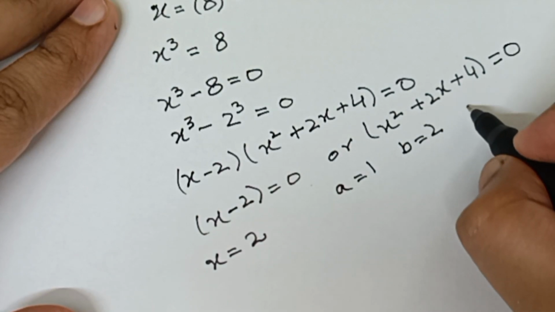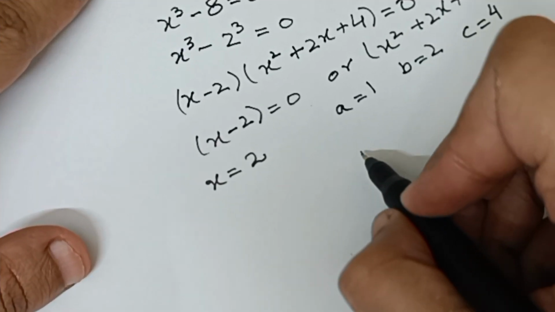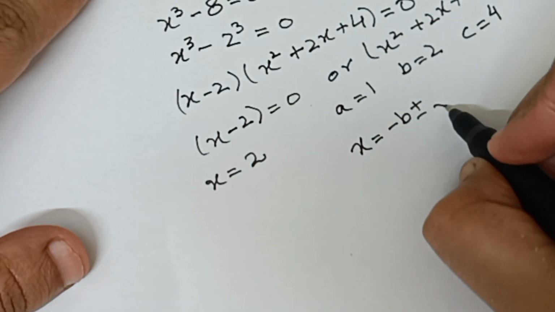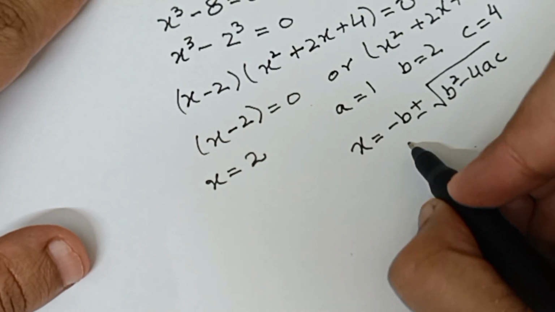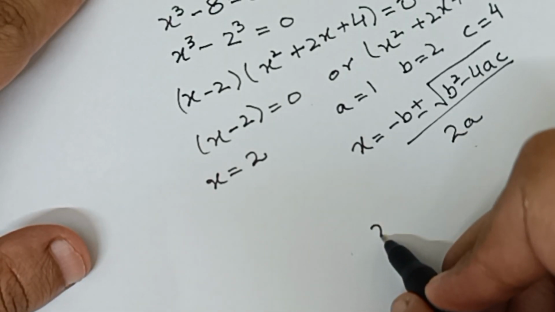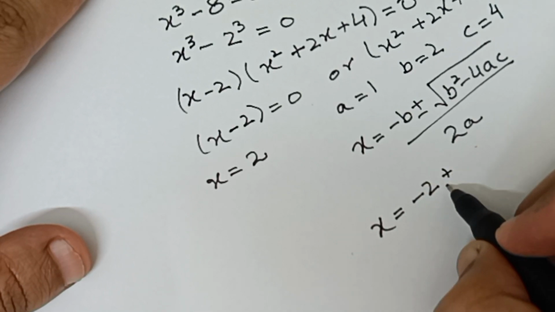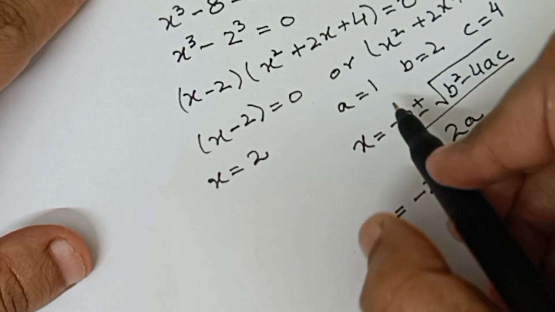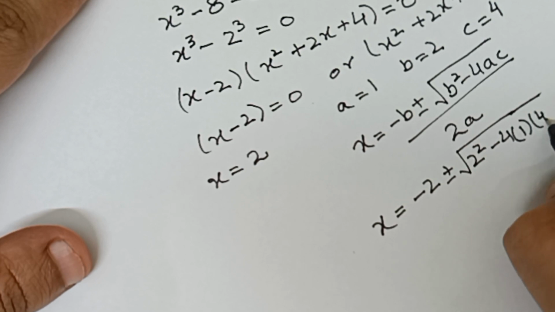We will solve the equation by using the quadratic formula, that is x is equal to minus b plus minus square root of b square minus 4ac over 2a. By putting the values in this formula, we will put b is equal to 2, again b is equal to 2, c is equal to 4 and a is equal to 1, over 2 into 1.